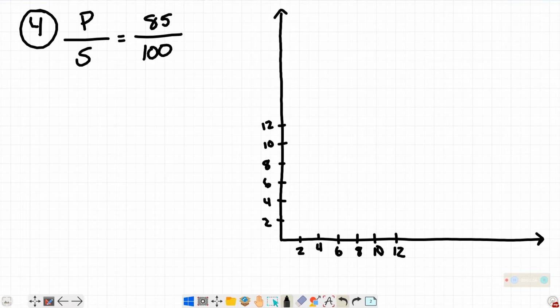And now we're going to create a set of 5 different solutions. And I have gone ahead and already labeled my graph, counting up by 2's on both sides. The x-axis is going to be the S for the original price. And the y-axis is going to be P for the sale price. So for a table, we can start with 2.